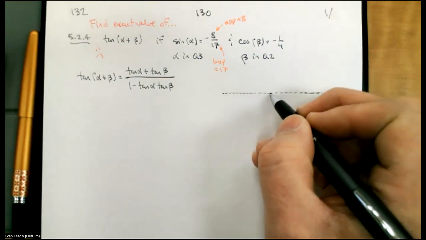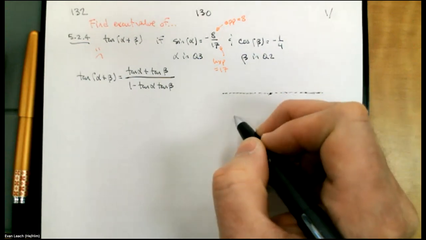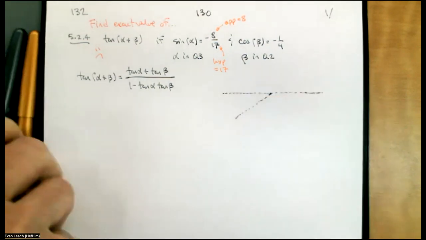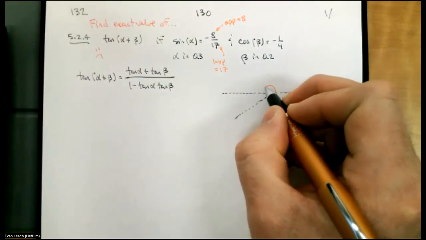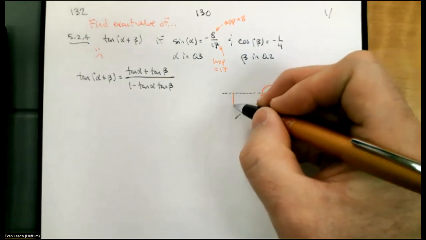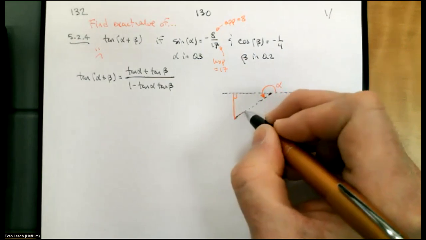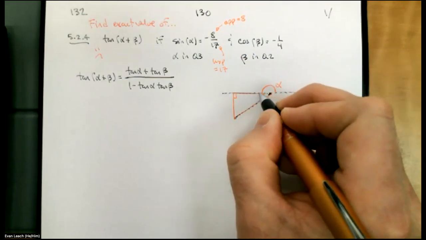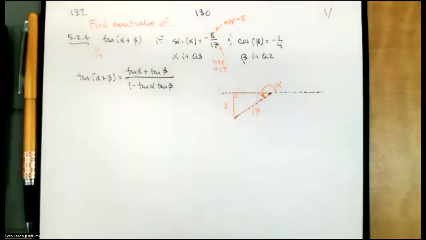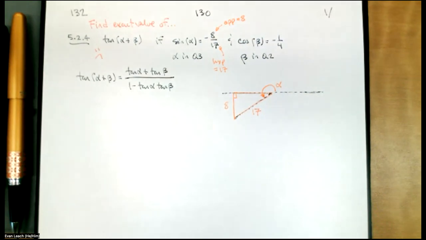Alpha is in quadrant 3. The side opposite is 8. Oh, sorry, the hypotenuse is 17. So this is a picture of where alpha is. Opposite is 8, hypotenuse is 17. It's in quadrant 3, so opposite is like a -8.